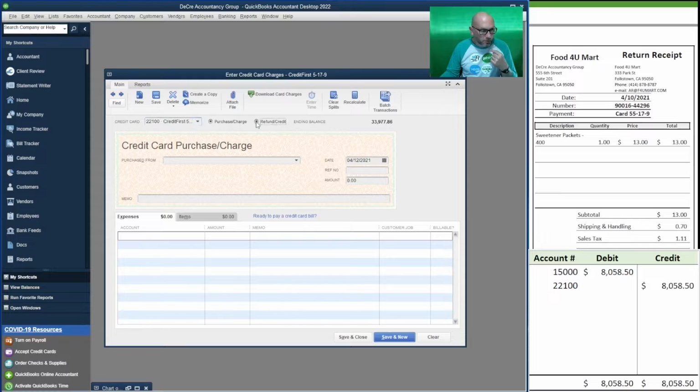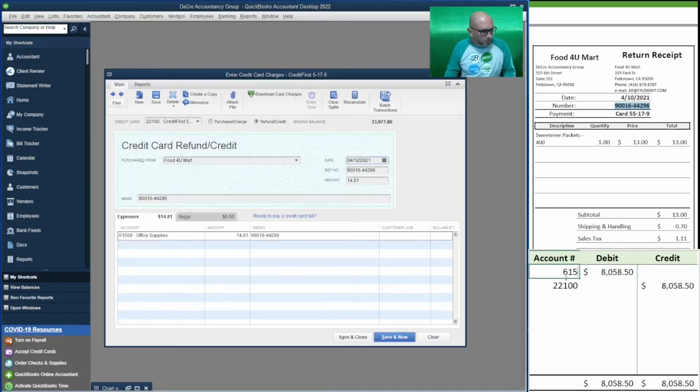The moment we click this becomes a debit. So, okay, office supplies. There it is. Oh, there it is. Okay.